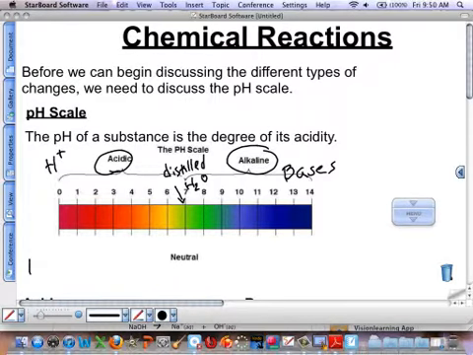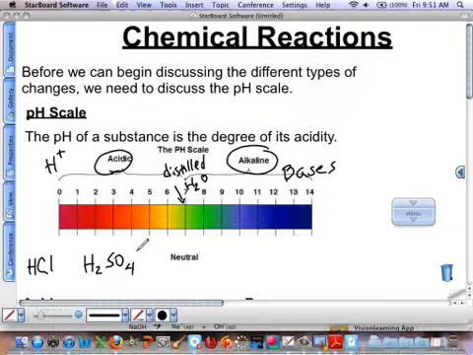Think about hydrochloric acid, HCl, which is very commonly used in earth science. It has a hydrogen ion attached to it. That's what makes it an acid. If you get to chemistry, you'll probably at some point deal with H2SO4, which is sulfuric acid, or HF, which is far worse than sulfuric. That's hydrofluoric acid.